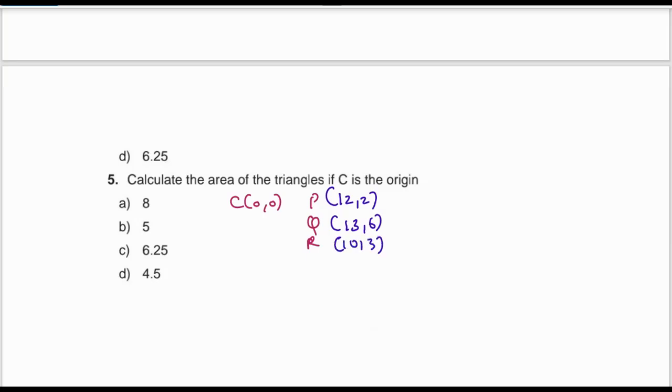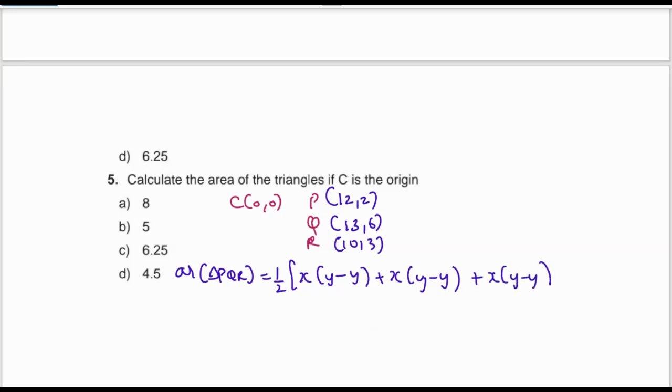Calculate the area. It's the same thing. Area of triangle PQR will be half into x1 into (y2 minus y3) plus x2 into (y3 minus y1) plus x3 into (y1 minus y2). Then it is 1 by 2. You can write 1, 2, 3.